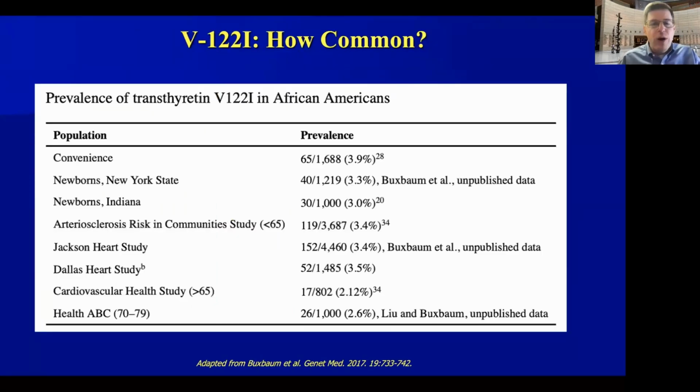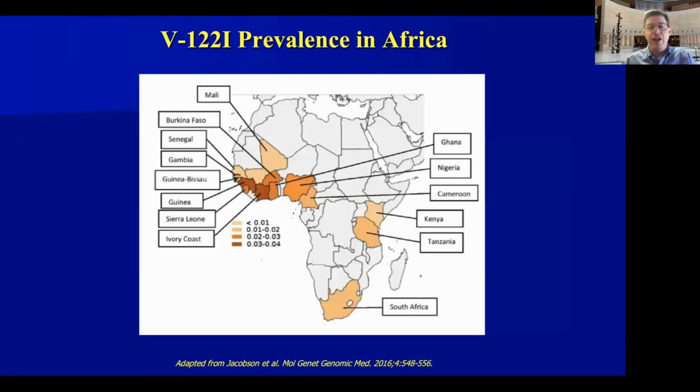So V122I, as I said, is the most common mutation in the United States. Here's a number of different databases, and you can see into the thousands of patients. And they all show among individuals of African descent in the United States somewhere around a 3 to 3.5% prevalence of the mutation. Now, it does not mean that everybody who has the mutation develops the disease, but the risk is substantially higher.